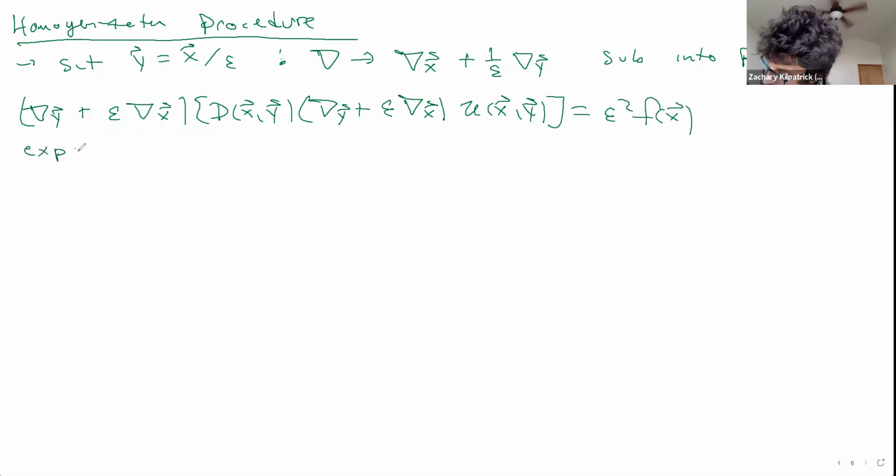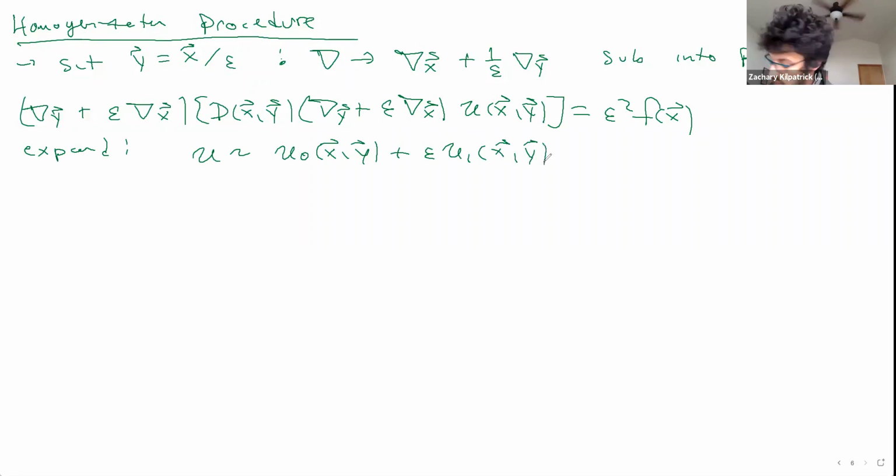Okay. Now, if we expand in a regular perturbation expansion, and we plug this in, we can generate a hierarchy as we have before. Okay.